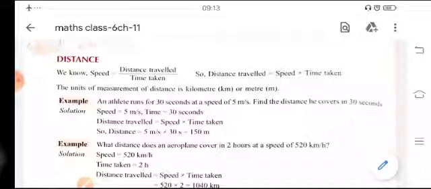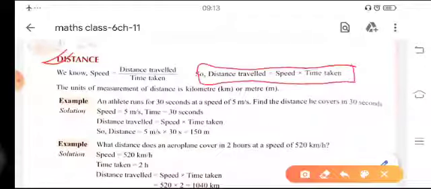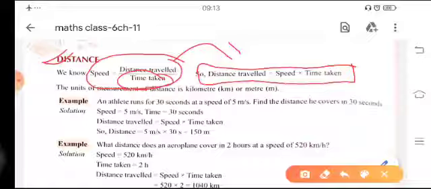So to calculate the distance, we use the formula distance traveled equals speed into time. What was the formula of speed? Speed equals distance traveled upon time taken. So we make the formula from this. Here we can see that time is in the denominator.